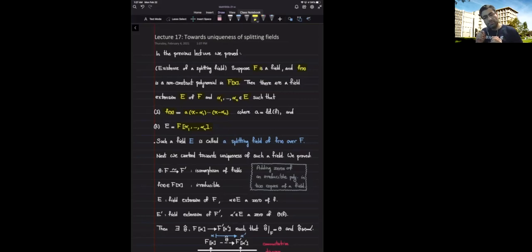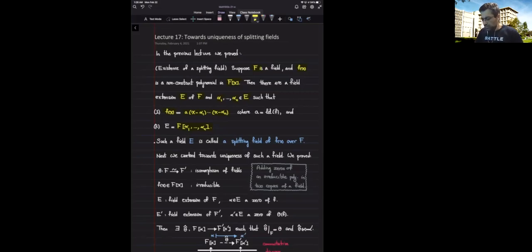Now, we want to proceed by the same kind of mechanism, strong induction, to show the uniqueness of a splitting field up to an isomorphism. So in order to be able to do this process, we need to actually show a stronger statement.